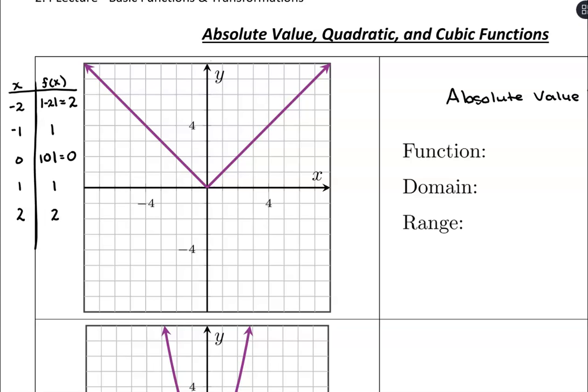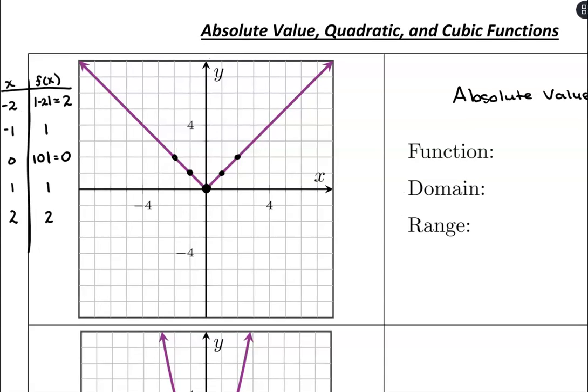So the key points that we're looking at here, we're going to have 0, 0 as this turning point, and then 1, 1, 2, 2, 3, 3, 4, 4, just like we were graphing y equals x over here. And then to the left-hand side, where we had -1, we'd have +1, -2, +2, -3, +3. So we end up with this V shape here.